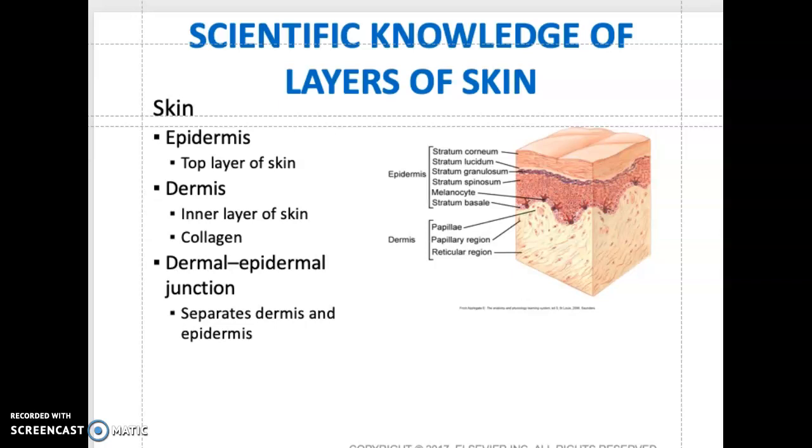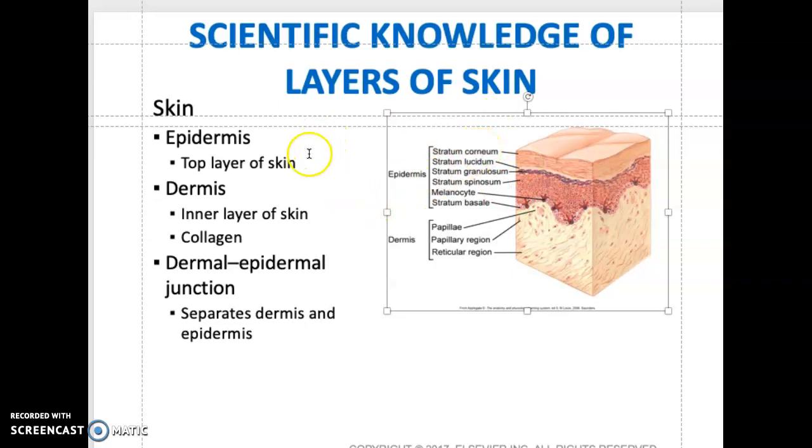So, for example, the epidermis consists of the stratum corneum, stratum lucidum, stratum granulosum, stratum spinosum, melanocyte, and stratum basale. So these are different layers of the epidermis.